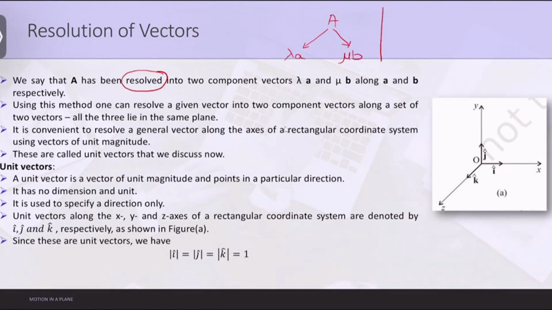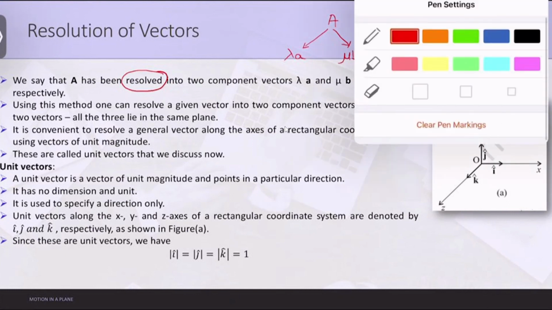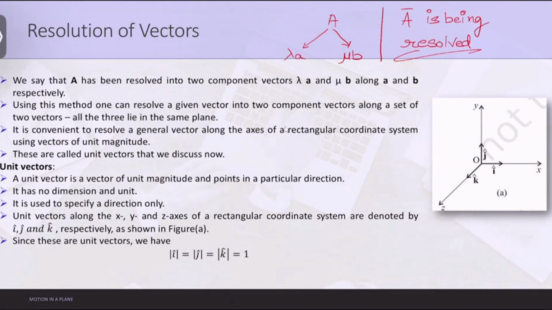So a has been resolved into two component vectors: first is lambda times a, and second is mu times b, along a and b respectively.